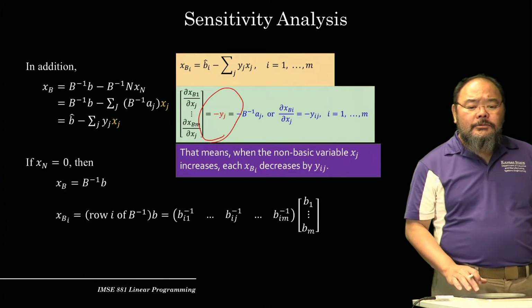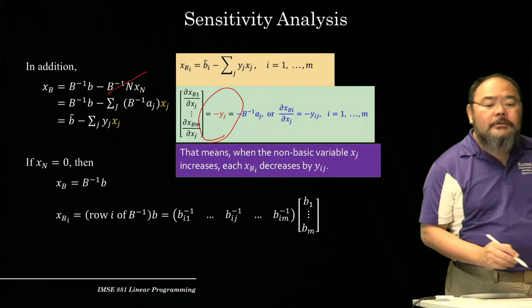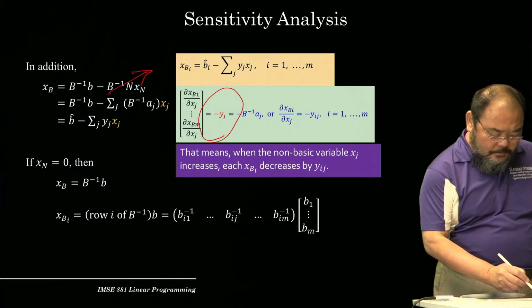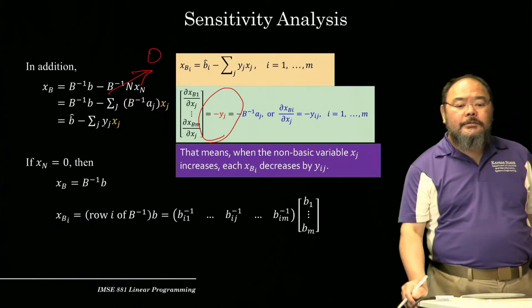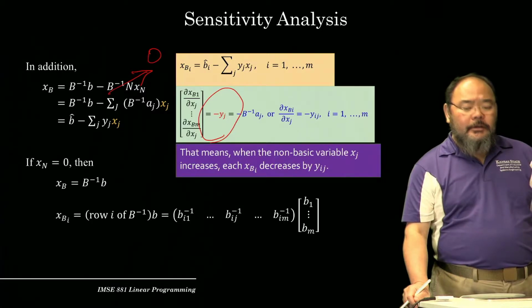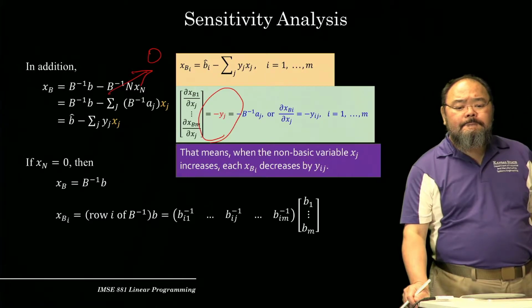If xn equals 0, then this part is 0. Then xb should equal B inverse times b directly. Take a look at the multiplication B inverse times b.